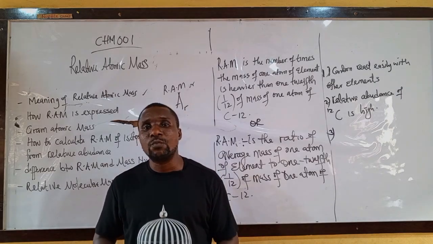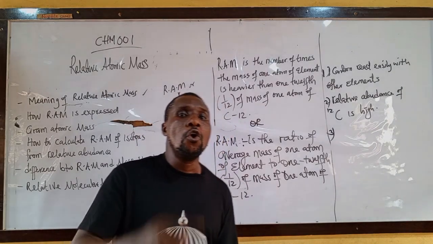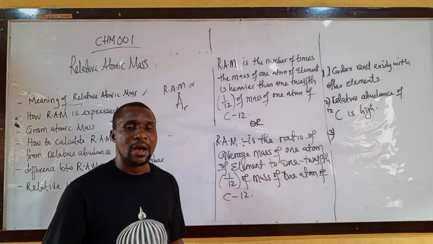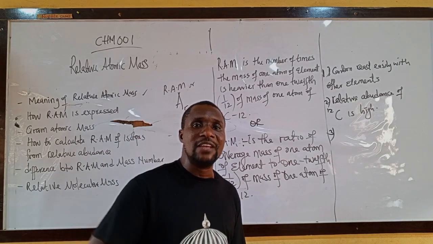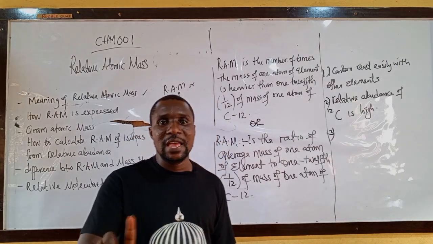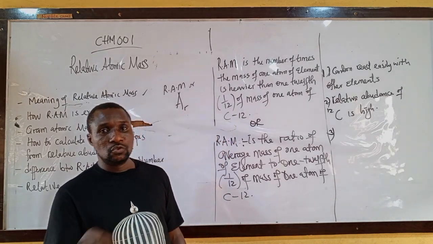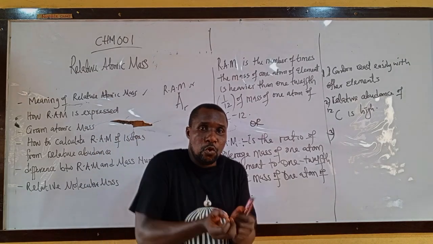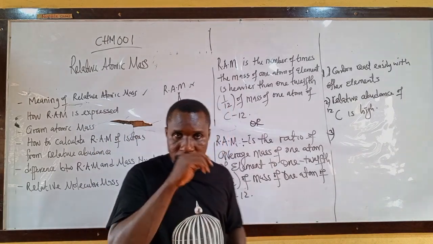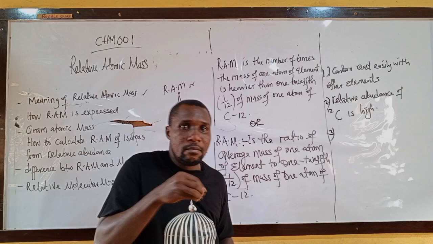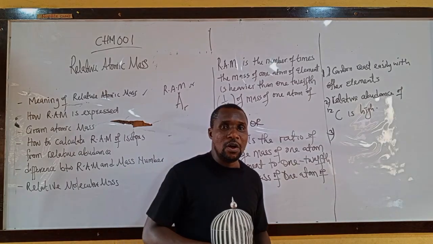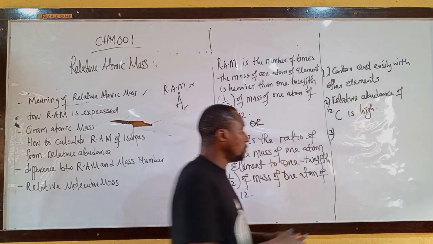The third one is this. With carbon 12, we can get a whole mass number or nearly a whole mass number of other elements.